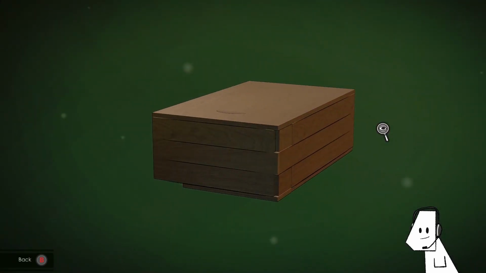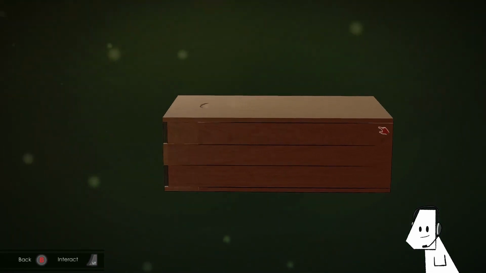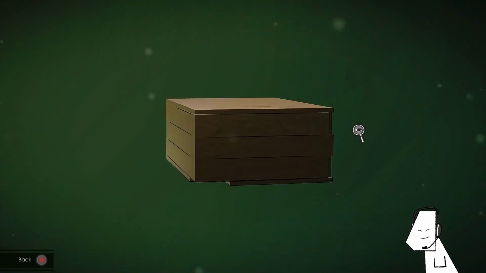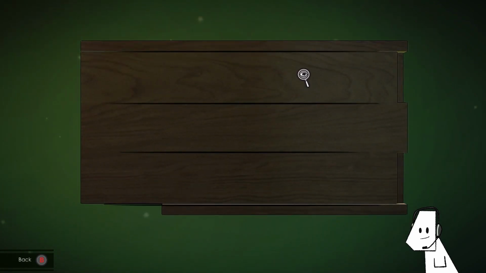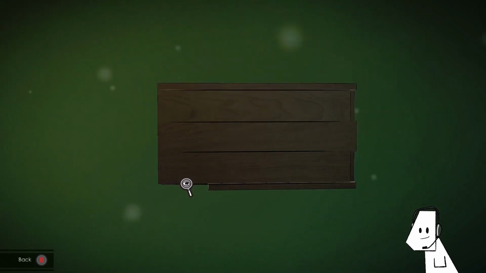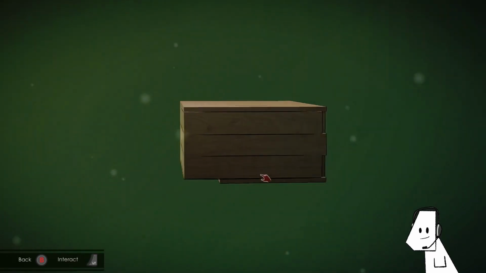Right, actually, these ones might be able to slide out this way. Nope. I'm so bad with these puzzle boxes.